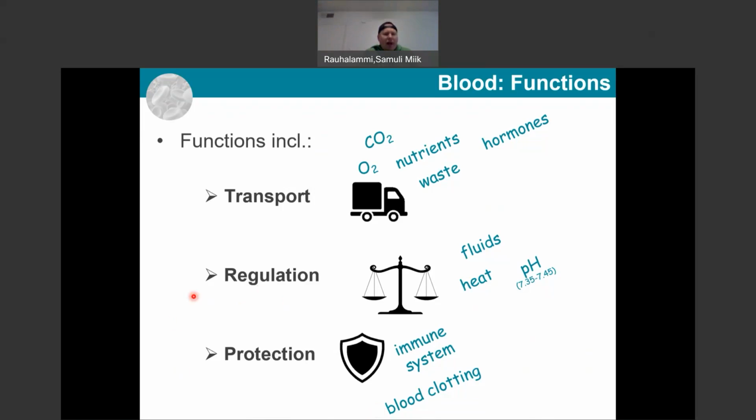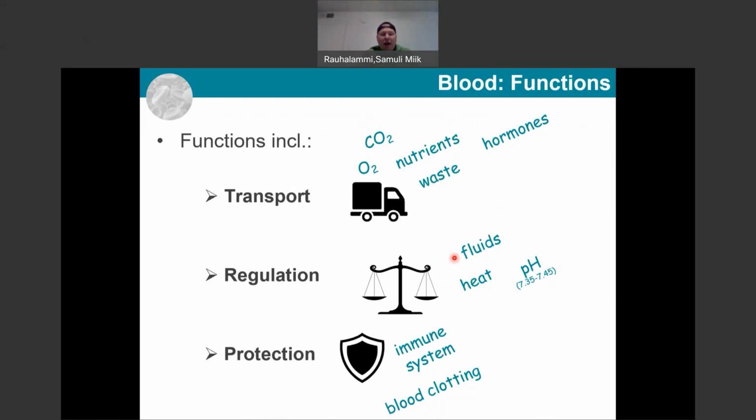The final one that I've grouped here in terms of the functions is the regulatory function of the blood. I think you could throw hormones here as well, so it's wherever you wish to place it. But some other examples, and there's a lot more that we could add here: you remember when we talked about the fundamentals of life, the importance of water as the foundation of all living things.